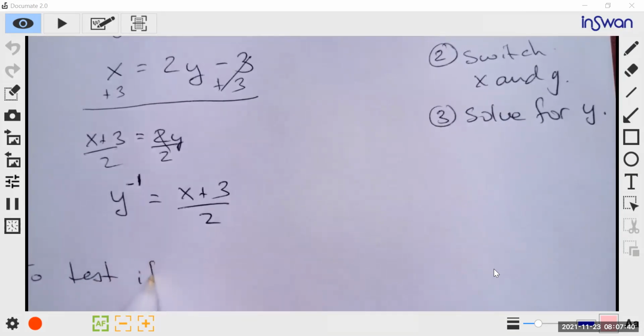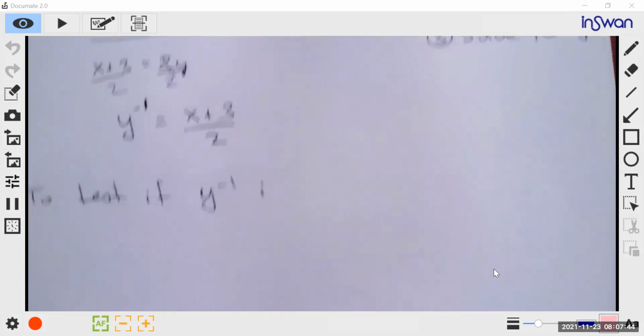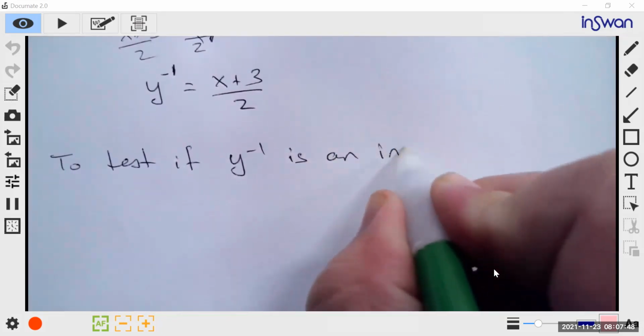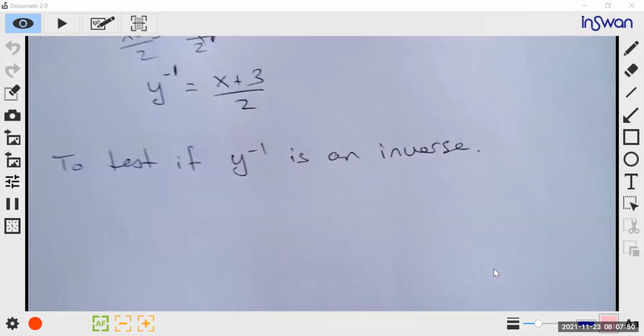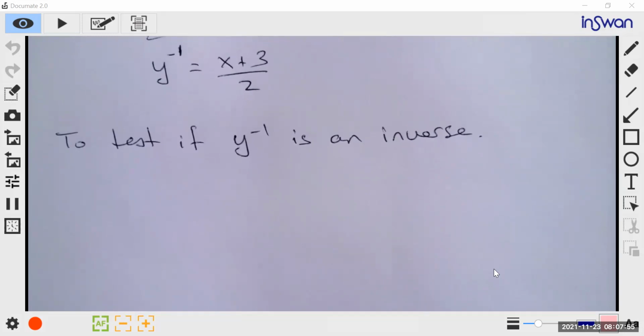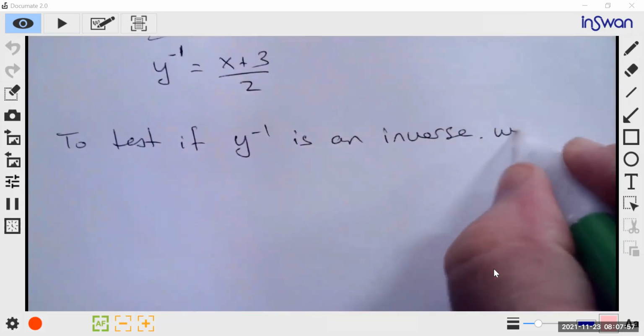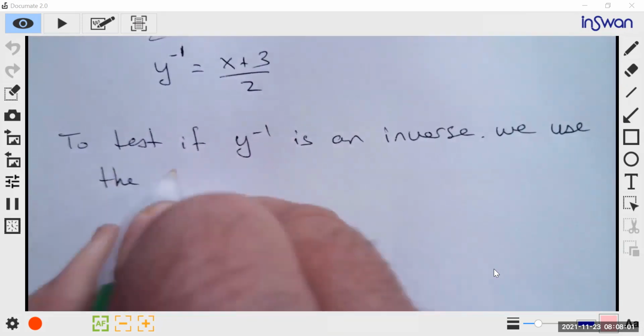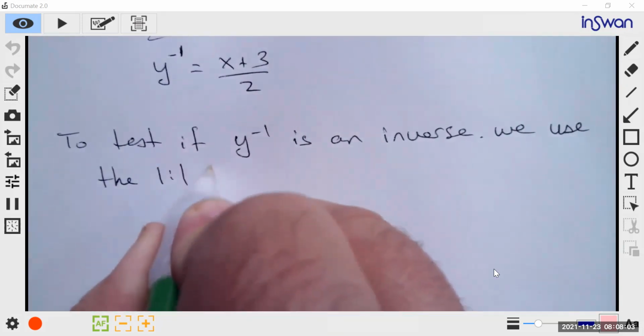To test if your function has an inverse, we use the one-to-one test.